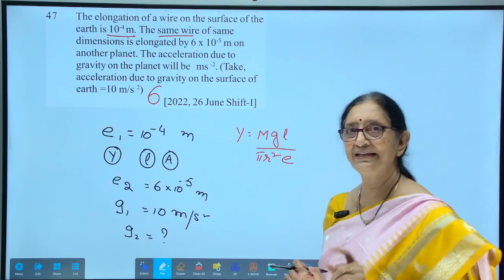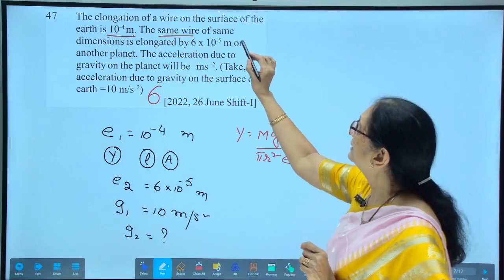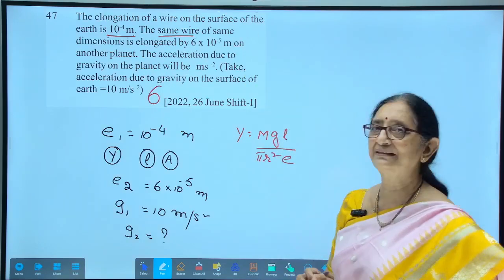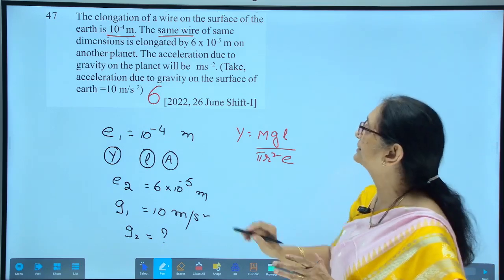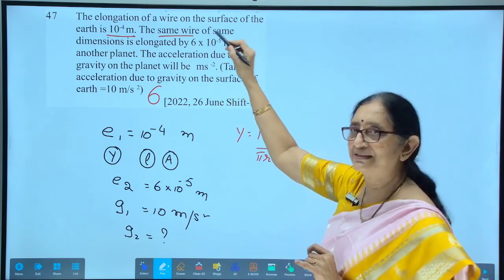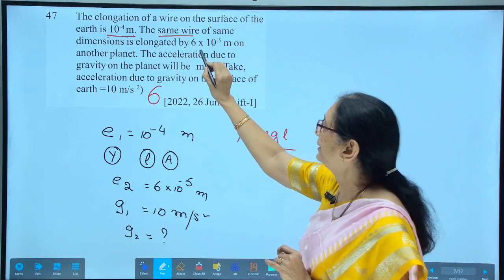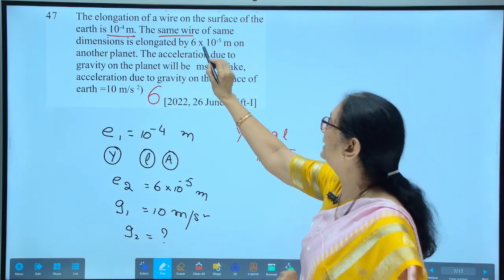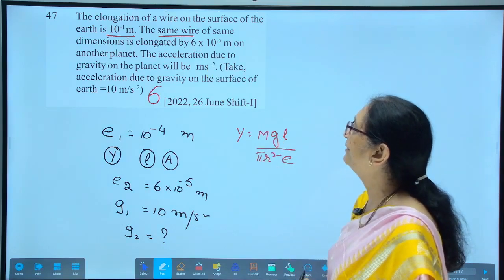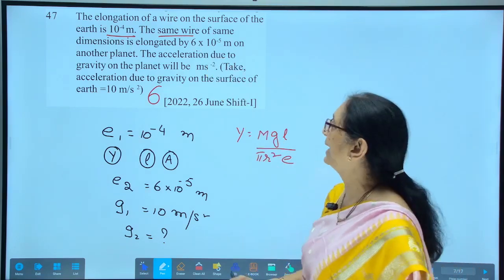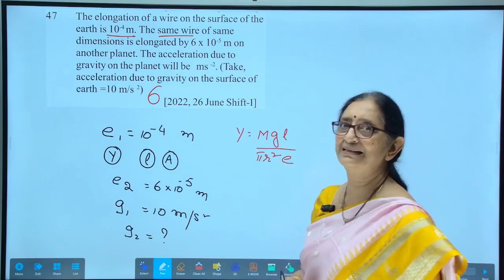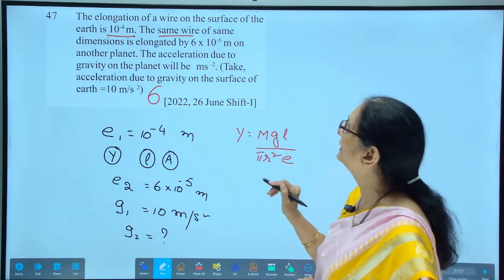The elongation of a wire on the surface of earth is 10 power minus 4 meters. The same wire of same dimension is elongated by 6 into 10 power minus 5 meters on another planet. So, what is the acceleration due to gravity on that planet?